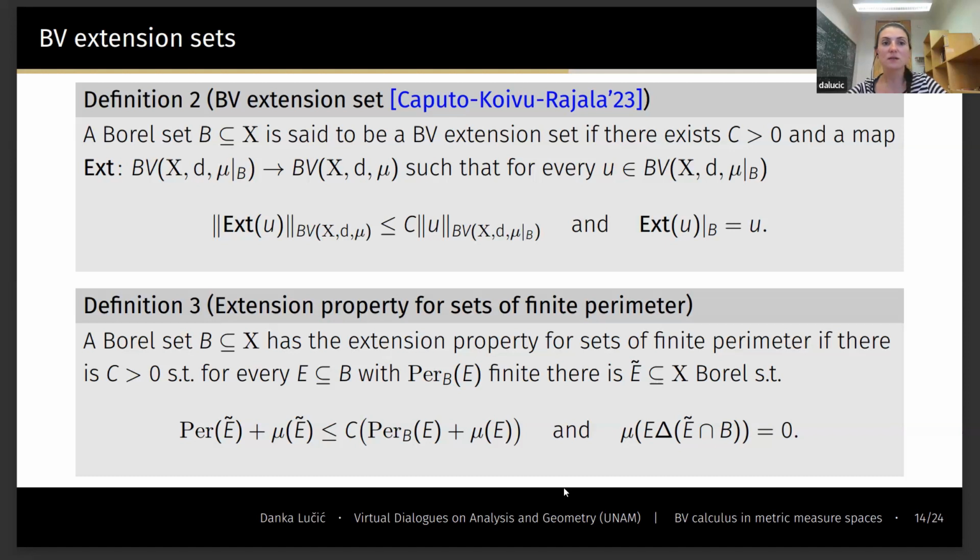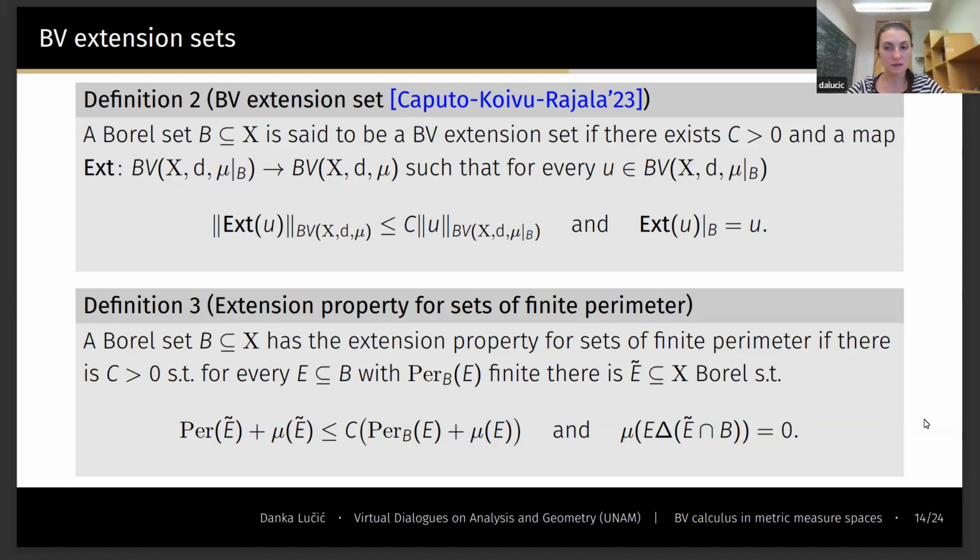They say that a Borel set is a BV extension set if we have an extension operator starting from the BV space over the metric measure space where the measure is restricted to B and going to the set of BV functions over the whole space, with the usual properties that we have seen already at the beginning.